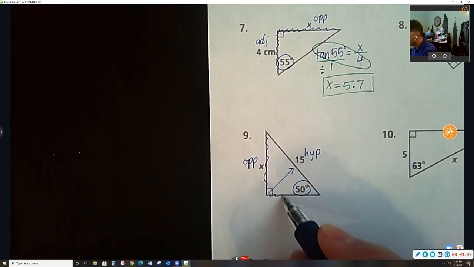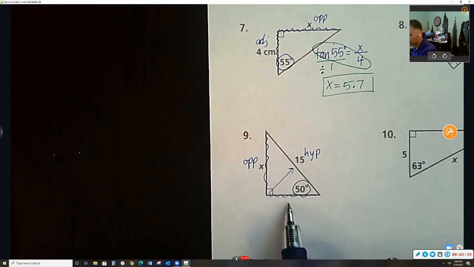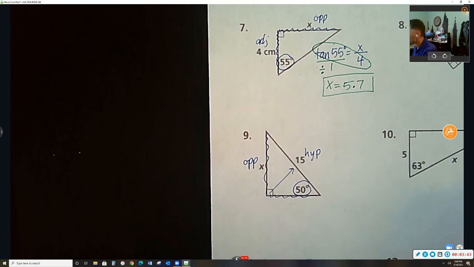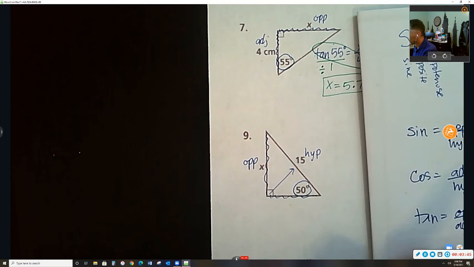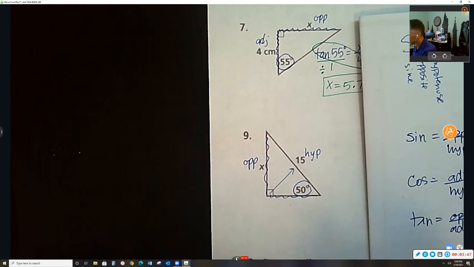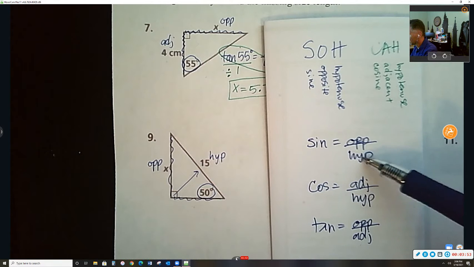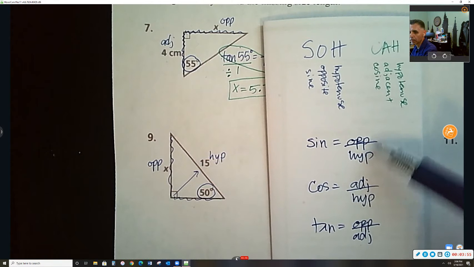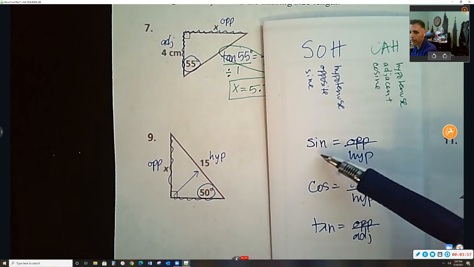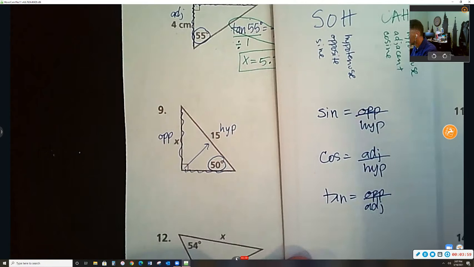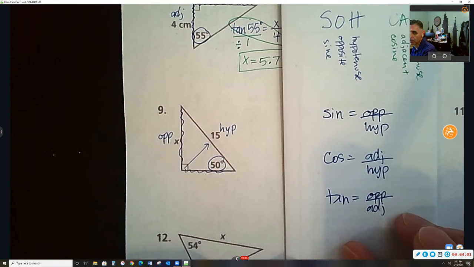This one is next to it, so this would be the adjacent side. But again, I don't need to write adjacent because there's nothing here. So if I look at my three trig ratios, opposite and hypotenuse, here it is. I know that's the sine ratio.